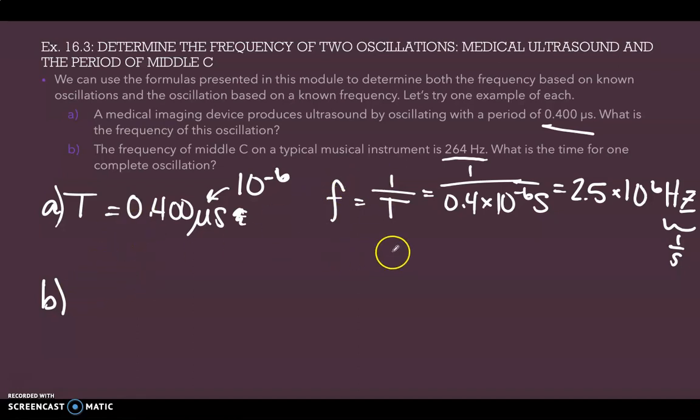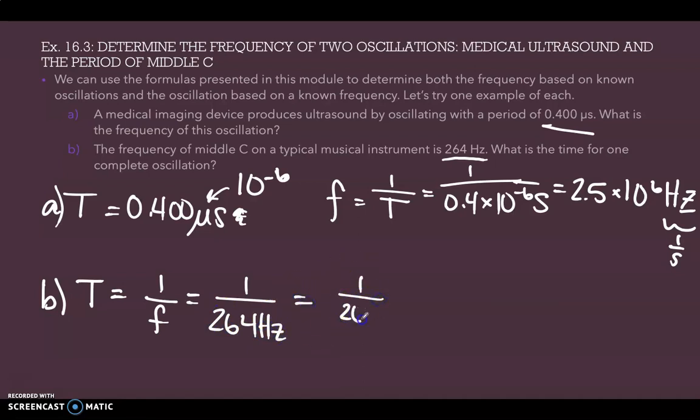Using the same formula, we can solve for our period, T, which is equal to 1 over my frequency. So let's plug this in. It's going to be 1 over 264 hertz, or 1 over 264 1 over seconds, whichever way you want to look at it.